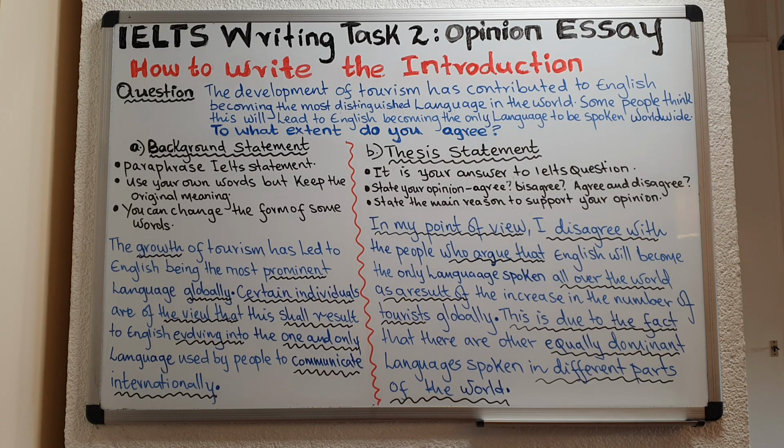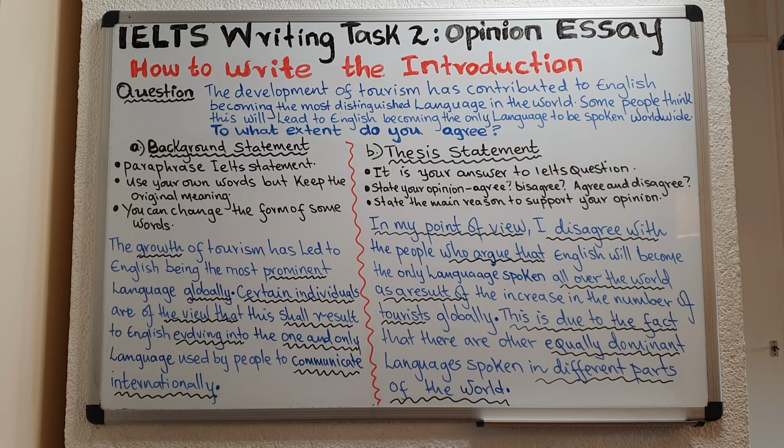I disagree with the people who argue that English will become the only language spoken all over the world as a result of the increase in the number of tourists globally. There is a spelling mistake there in the word language. It should have one A. Language. Okay, so remove that extra A. That's a spelling mistake.